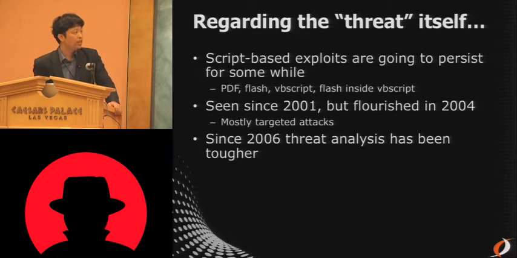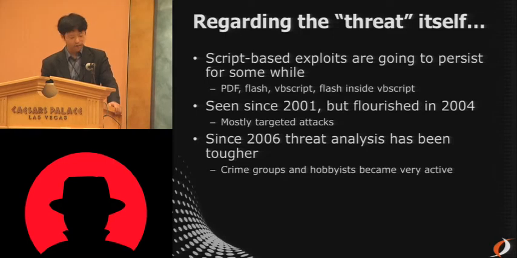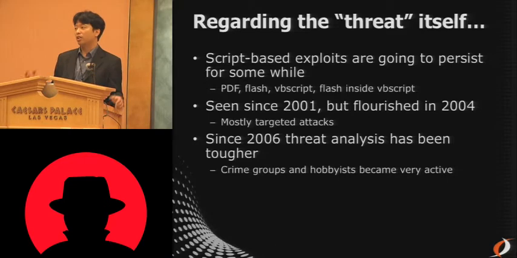Since 2006, threat analysis of this type of threat has been harder because crime groups and hobbyists became very active. So it's very hard now to differentiate attacks coming from crime groups, hobbyists, and targeted attacks. When you're analyzing targeted attacks, that takes a lot of time away from you because you have to clear out a lot of the logs.